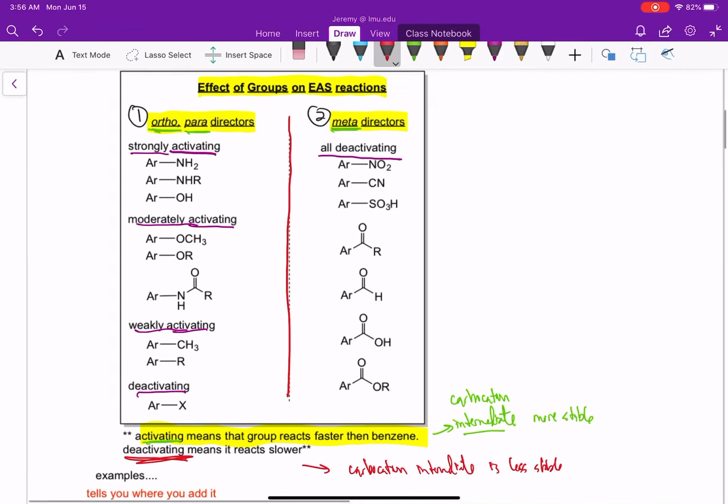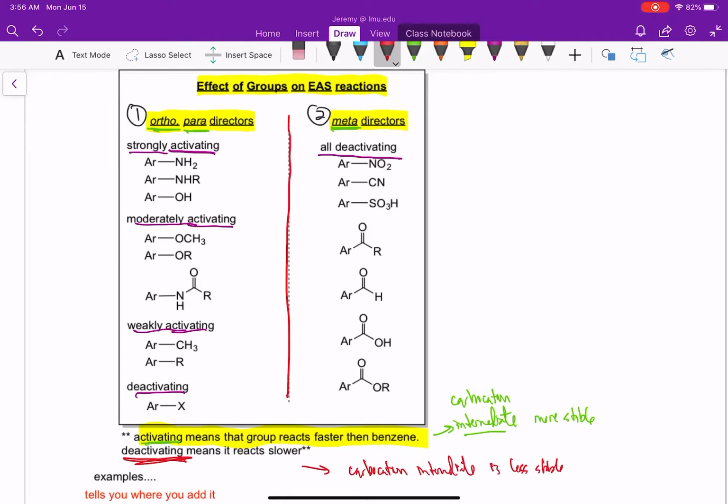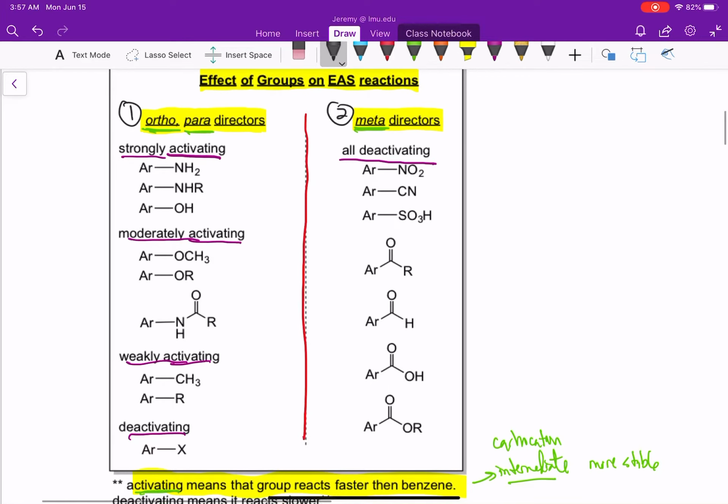Okay, so first let's look at this column and see how we can help remember these. Remember, AR stands for an aromatic ring. We can look at our simplest example, just a benzene ring. So if we have ARNH2, we can think of this as a benzene ring and NH2. For this example, we can think of all the AR groups as benzene rings.